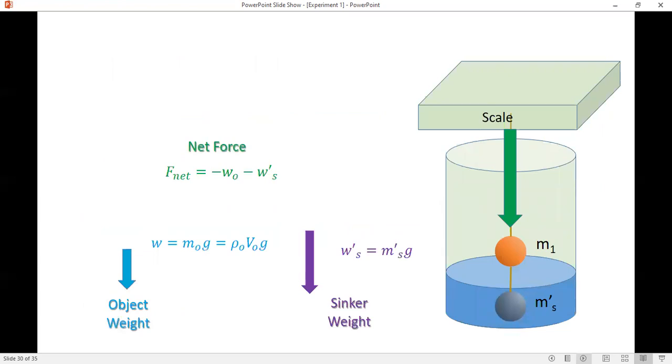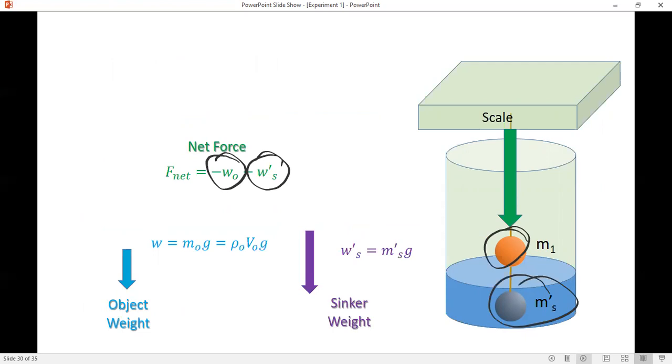Our net force for our first measurement is represented by the weight of the wood object, first of all, and the weight of the sinker, but the sinker is submerged so there's going to be a buoyant force acting on it.